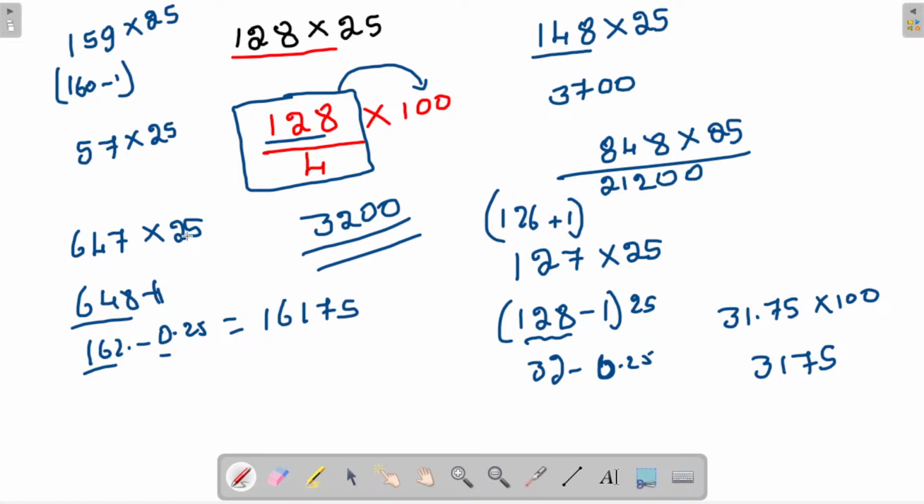For this, adding. Multiplication by 11. The thing is multiplication by 11.